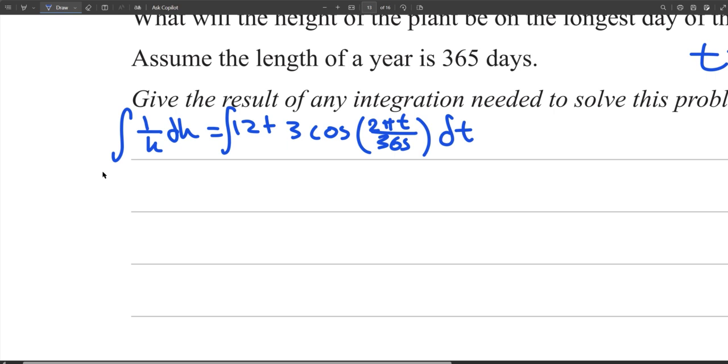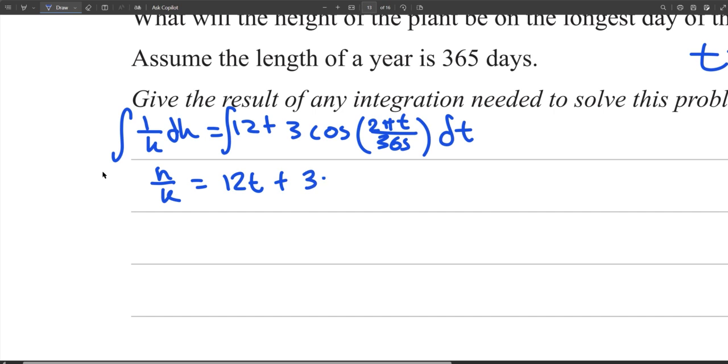So just write the integral symbol to get rid of the dh. You should also keep in mind that this won't actually become ln of k because you're integrating with respect to height. So this would just become h times 1 on k, or h divided by k, is equal to the integral of this. That would become 12t plus 3 times 1 over the derivative.